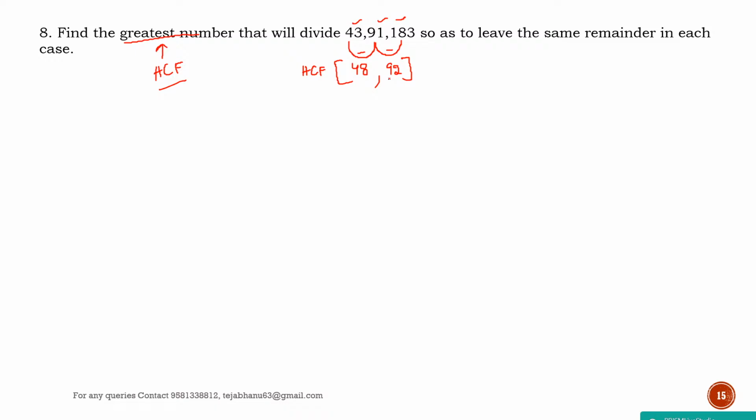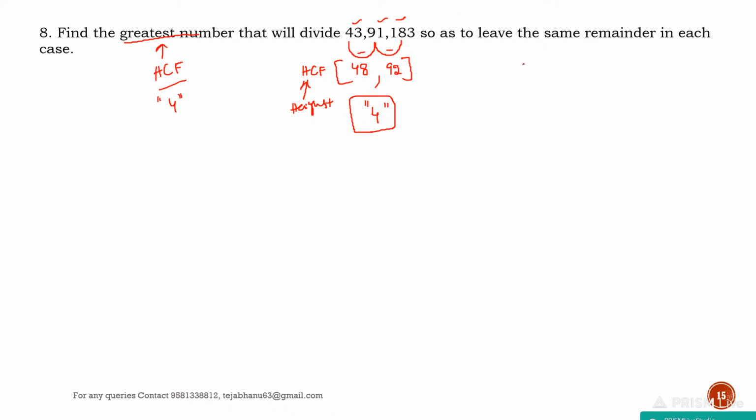As we know, HCF means highest common factor. The highest common factor which we take common is 4 only. So the answer is 4. The greatest number is 4.